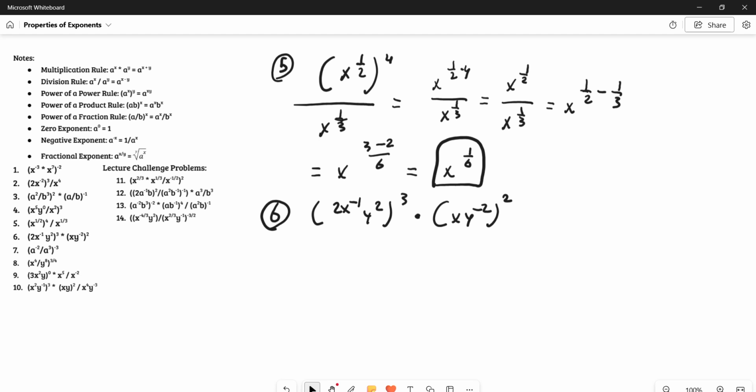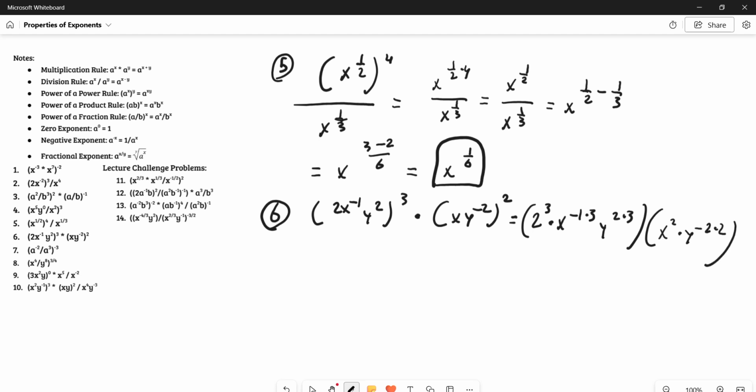So this is going to be 2 to the power of 3 times x to the negative 1 times 3 times y to the 2 times 3, and then this would be x squared times y to the power negative 2 times 2, right?